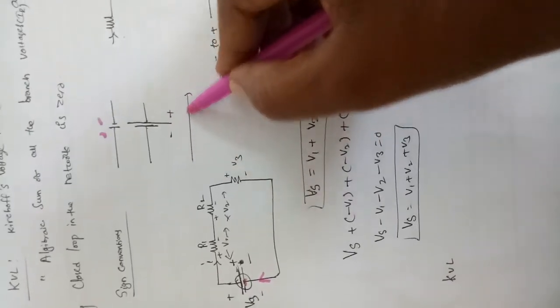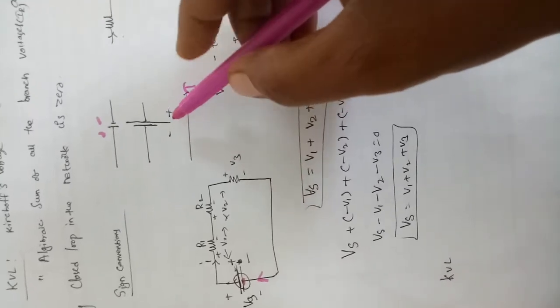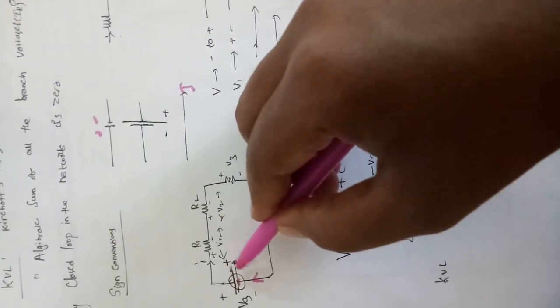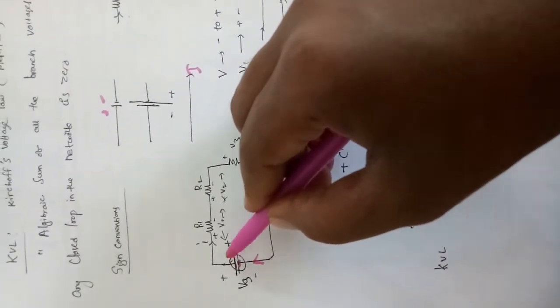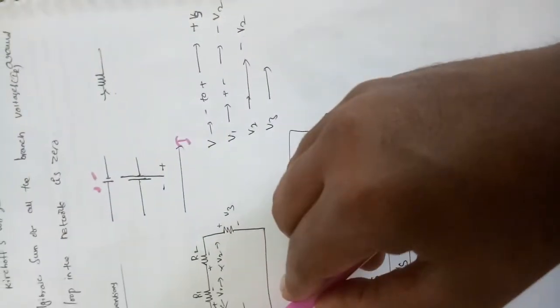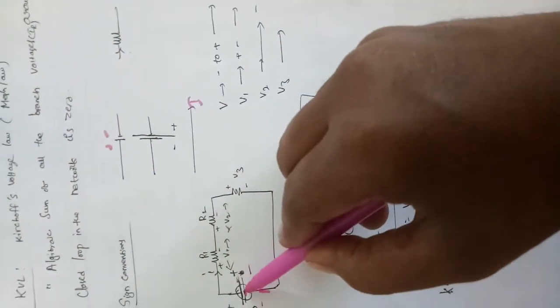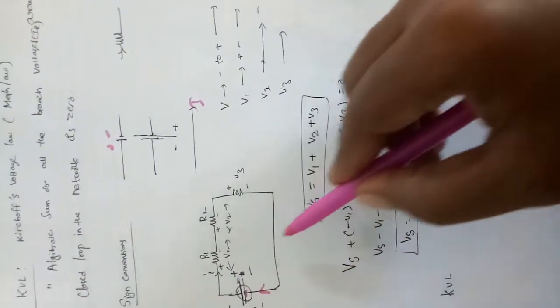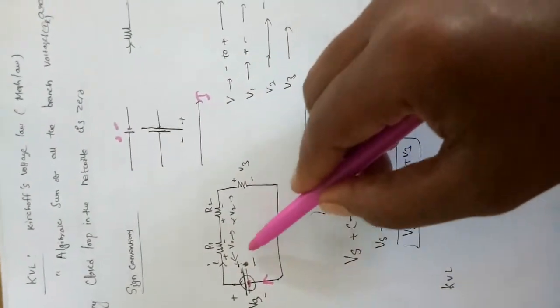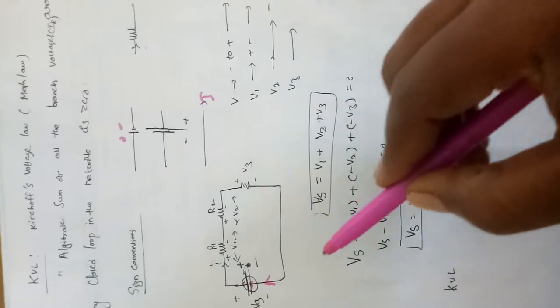Now assume the current direction shown, which is a rise in potential. When the potential rises in this circuit, from minus to plus, we assume plus Vs, because the source raises the potential. We assume the current flows in the clockwise direction.